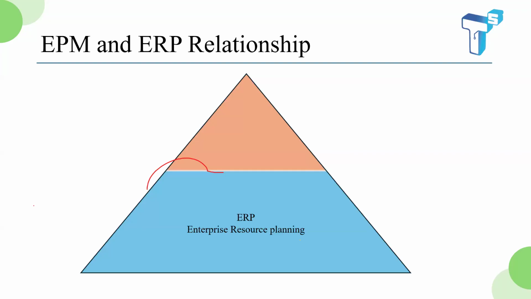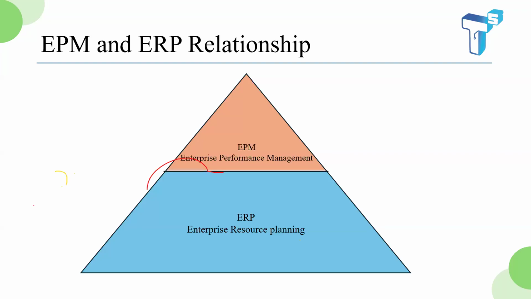Where you want to maintain inventory level data and financial level data, meaning debit and credit: per day how many debits you have done, how many credits you have done, and by the end of the day how much amount is left in the organization's bank. Those levels of details can be maintained in the ERP system.